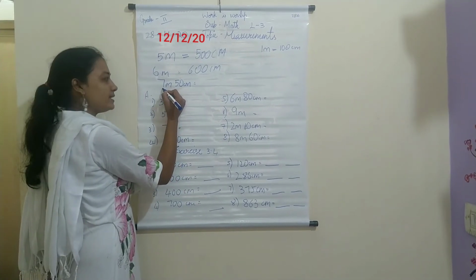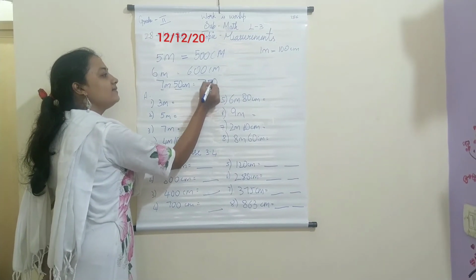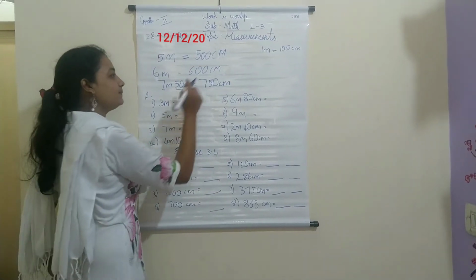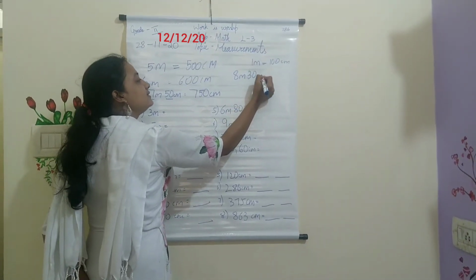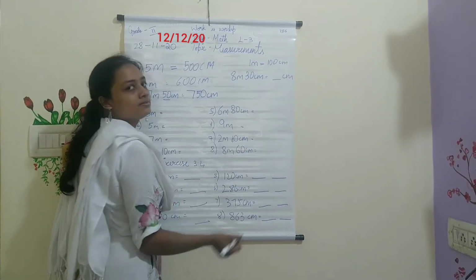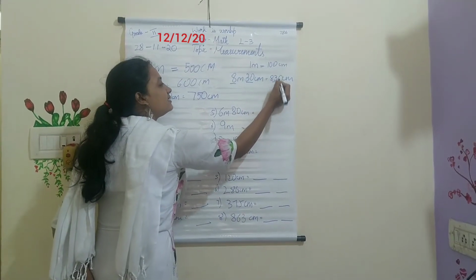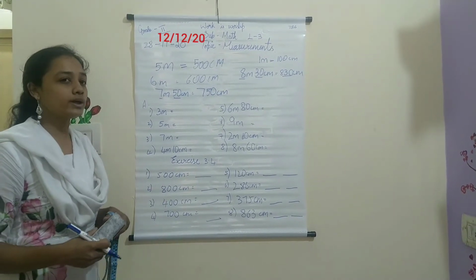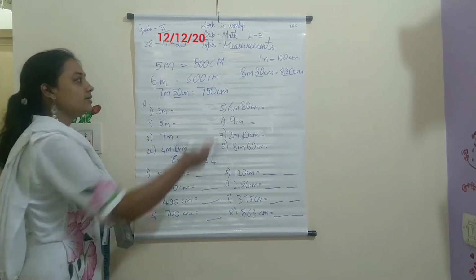I am going to simply write 750 centimeters. Let me show one more example of this type. 8 meters, 30 centimeters. How will I write that in centimeters now? 830 centimeters. So you have understood how to write from meters to centimeters and also from centimeters to meters.